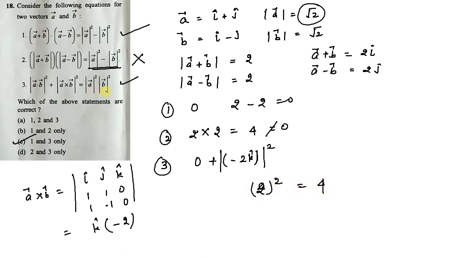Now coming to RHS, the magnitude of A vector is root 2, after squaring it is 2, and the magnitude of B vector is also root 2, after squaring it is 2. So 2 multiplied by 2 is 4. LHS and RHS are equal, so statement 3 is also correct. You can simplify this problem by taking any example for A vector and B vector. The answer always remains the same: statements first and third are correct.